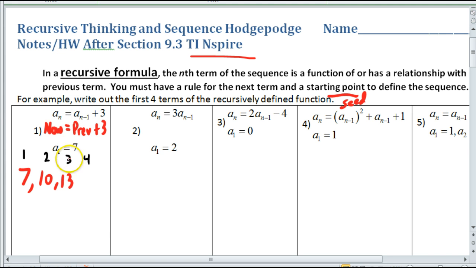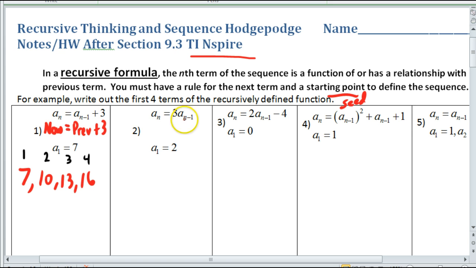If n is equal to 3, then n minus 1 is 2. This would be the term inside locker 2, and this would be the term in locker number 3. I'm just adding 3 each time. That's my sequence, and it could go on forever depending upon where we want to go with it.